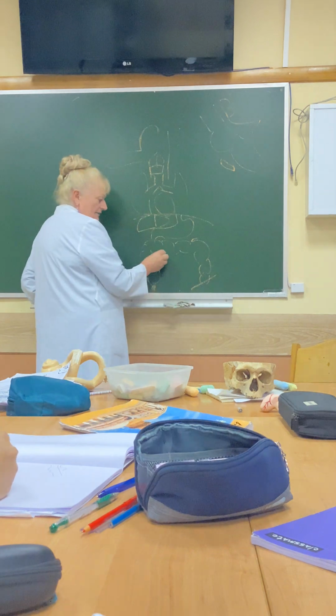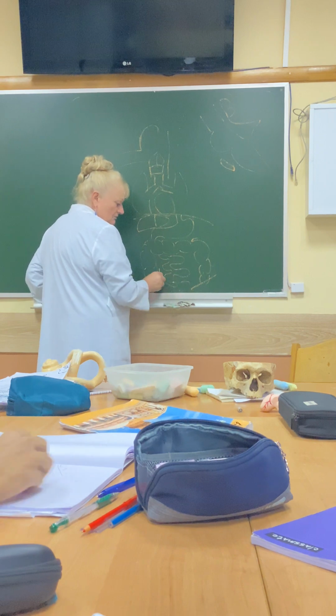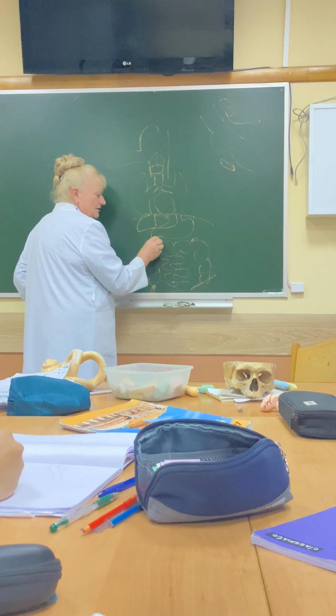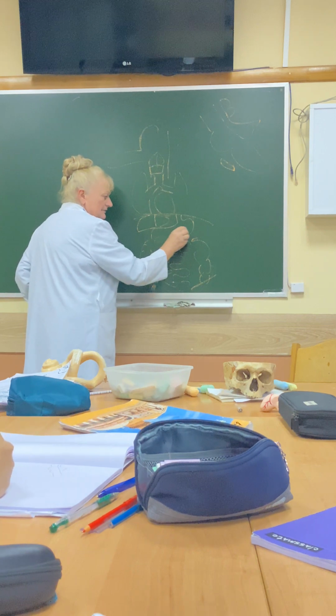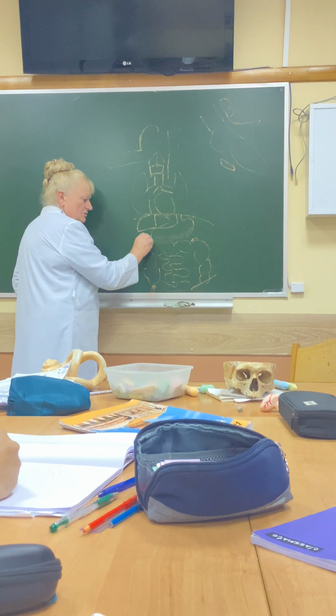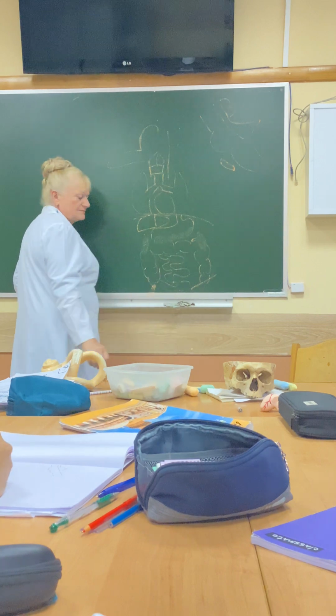That's all. And from the duodenum will be the continuation of the loops of the small intestine. Here behind the stomach will be the pancreas. Here behind the right and left flexure of the large intestine will be the kidneys.